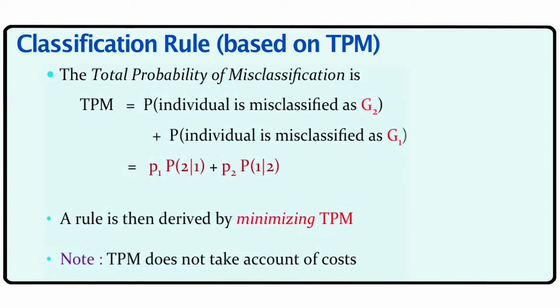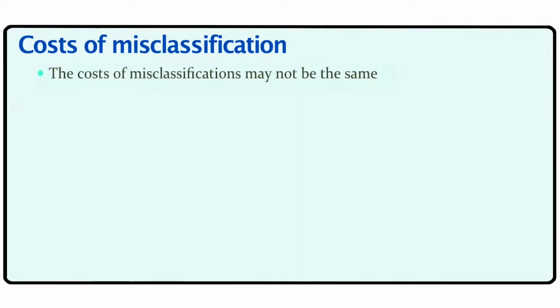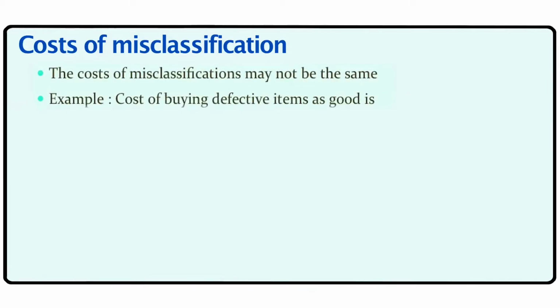However, the TPM does not take account of the costs of misclassification. Now, the cost of misclassification is important. Let's look at an example of this. This cost may not always be the same. For example, when you go and buy some item, if you buy a defective item thinking it is good, but it is not, you have a certain cost associated with this.